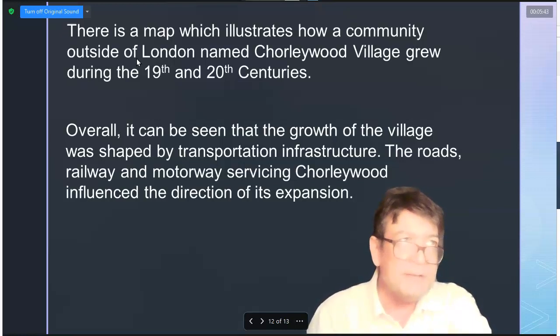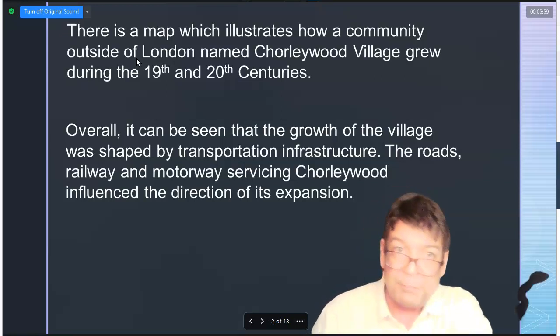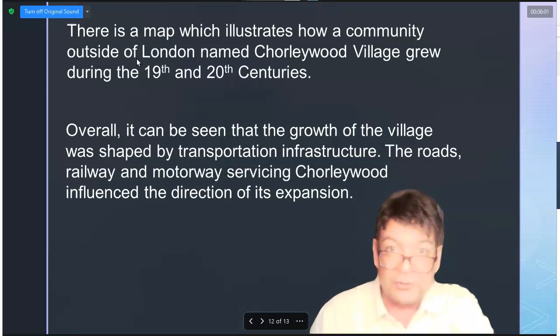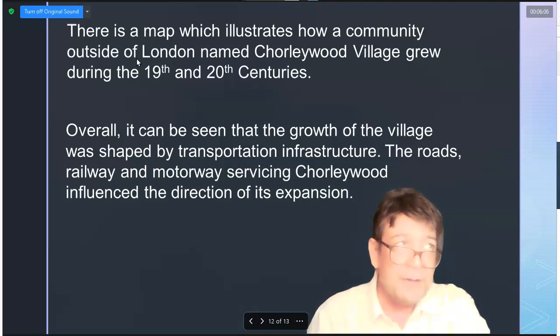Overall, it can be seen that the growth of the village was shaped by transportation infrastructure. See, that was the word I was looking for. Roads, railways, motorways, airports, bridges, ports, tunnels, these are all transportation infrastructure. The roads, railway, and motorways servicing Chorleywood influenced the direction of its expansion.